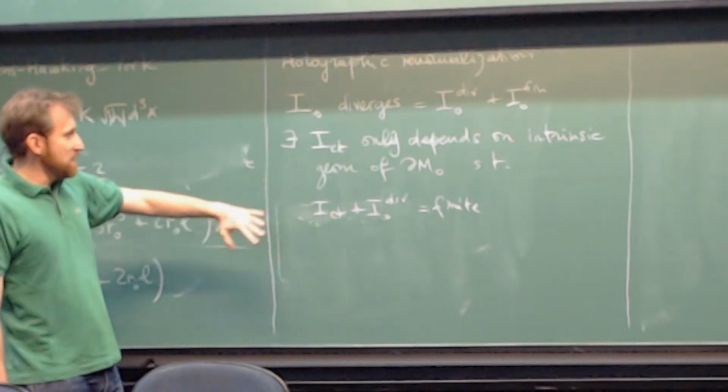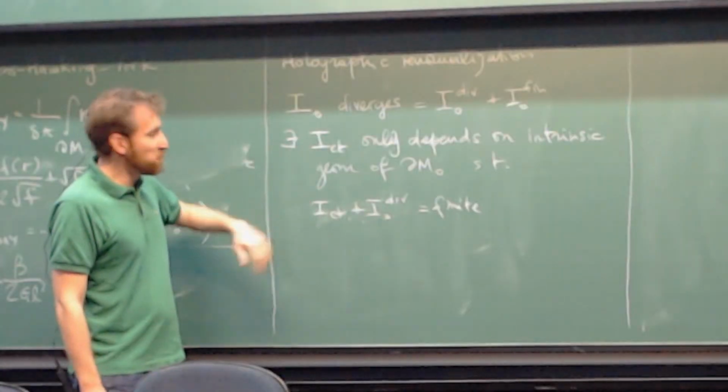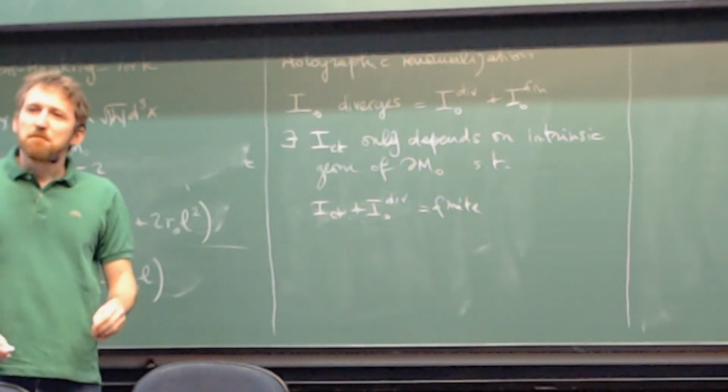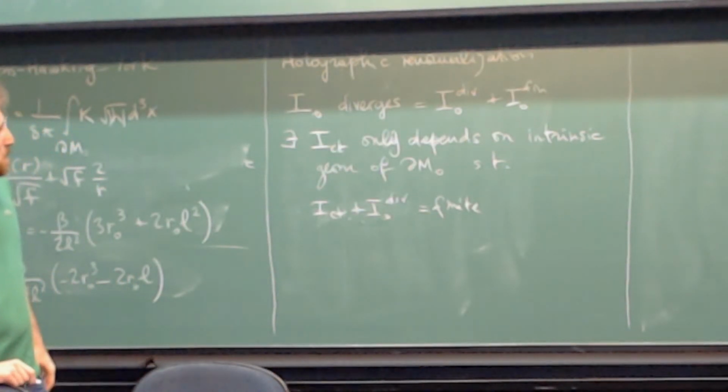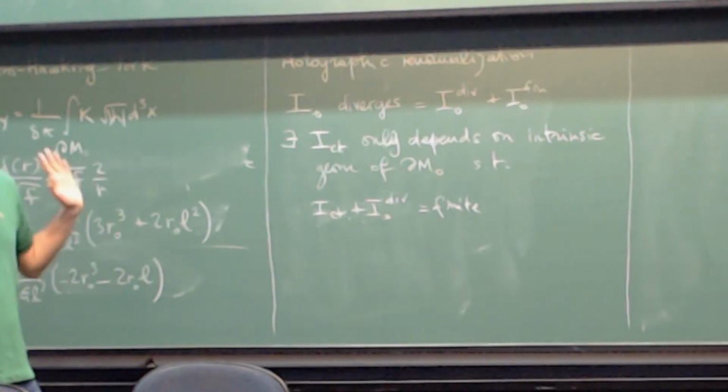Depending on your viewpoint, it's either a miracle of AdS or it's the reason that AdS/CFT works. You can also add matter fields, and you can show that this is still true in all the cases that I know of.